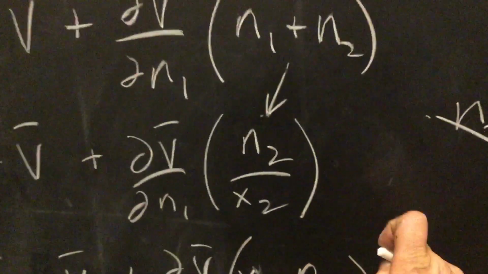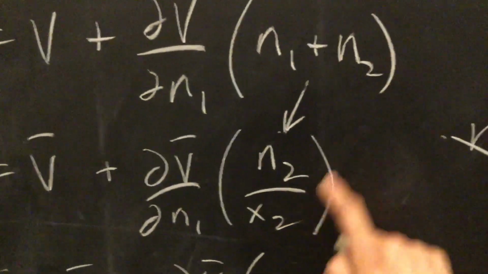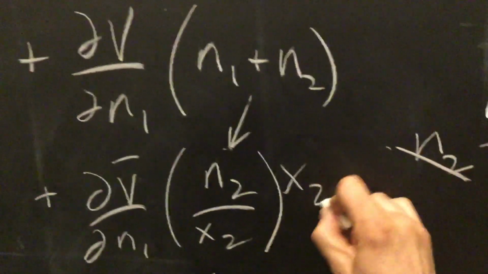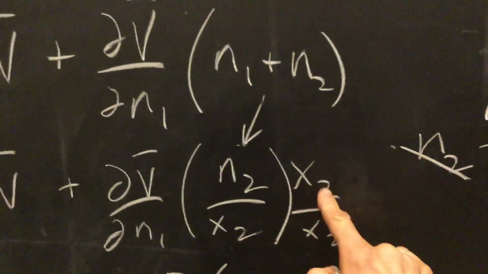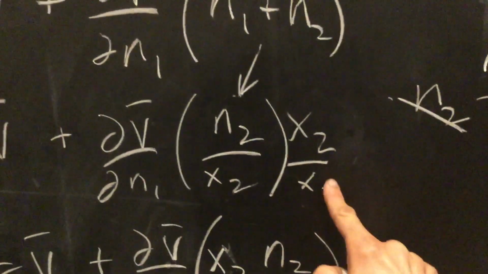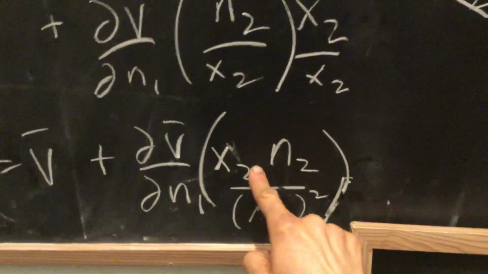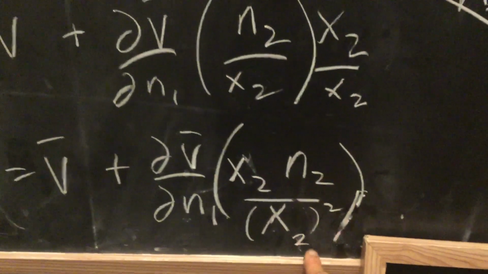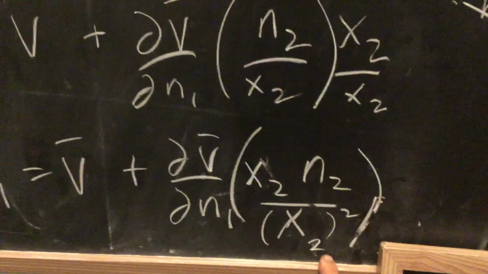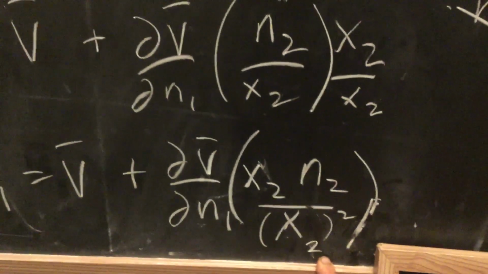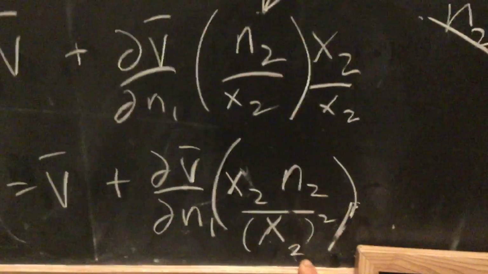Oh, that's no problem because I can just multiply this by X2 over X2. And I'll have X2 squared down here, and I'll have an X2 on top. You see? This is just equal to 1. So I'll have an X2 up there, but I'll have X2 squared on the bottom there. You see that? Why would I do that? This seems like taking the hard way. I mean, this seems like doing the reverse of simplification.